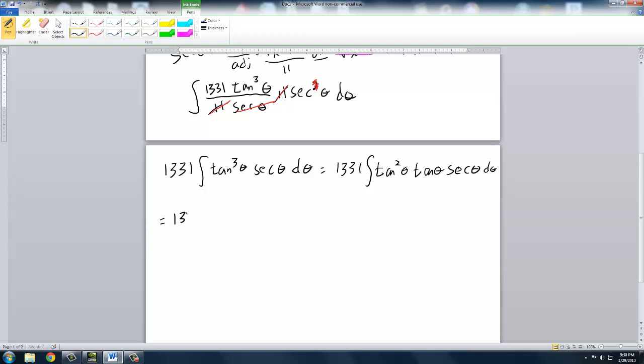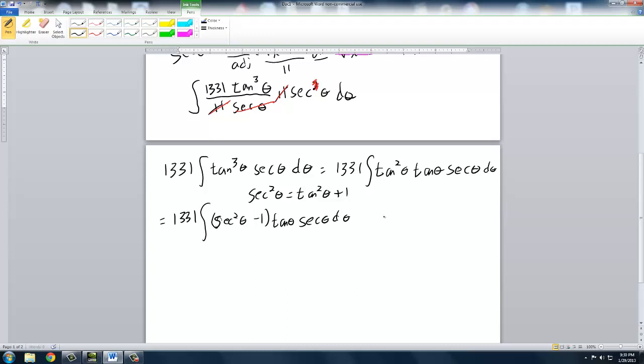Secant squared theta is equal to tangent squared theta plus 1. I'm checking that to make sure. It is. So tangent squared is secant squared theta minus 1, times tangent theta times secant theta d theta.